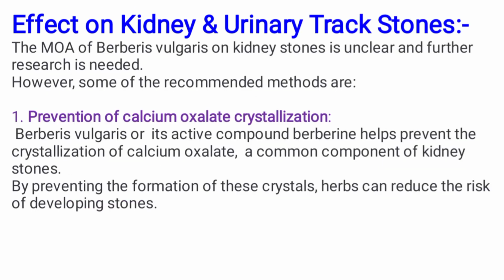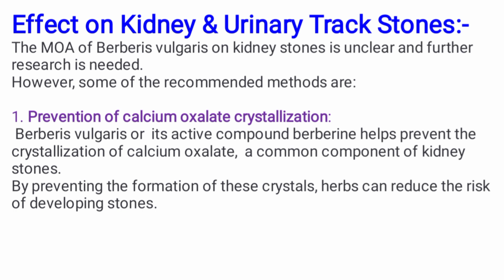Effect on kidney and urinary tract stone. The mechanism of action of Berberis vulgaris on kidney stone is unclear and further research is needed. However, some of the recommended methods are: it prevents calcium oxalate crystallization.